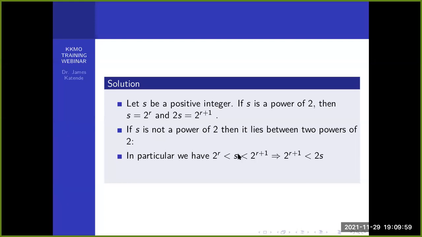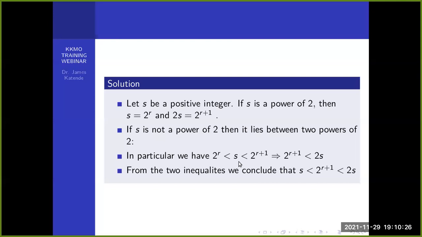So we can just consider the left side of the inequality. If you multiply both sides of this by 2, you will have 2 raised to r plus 1 on this side and 2s on this side. So you get this other inequality, which says 2 raised to r plus 1 is less than 2s. That is simply by considering only the left side of this inequality.